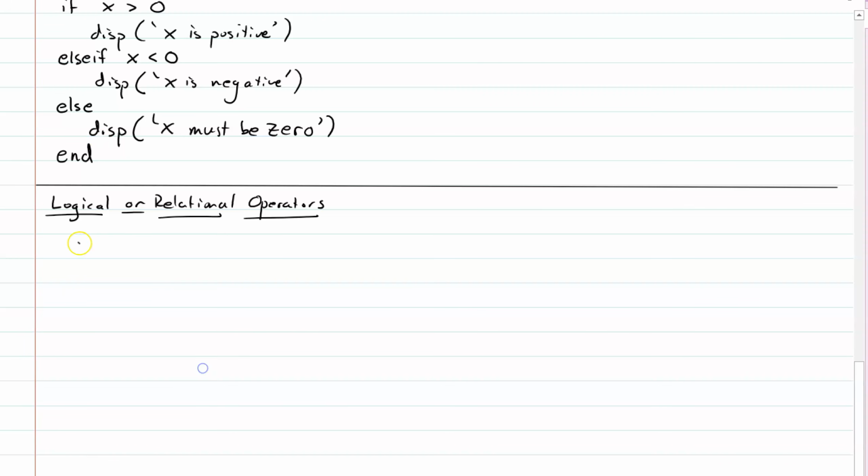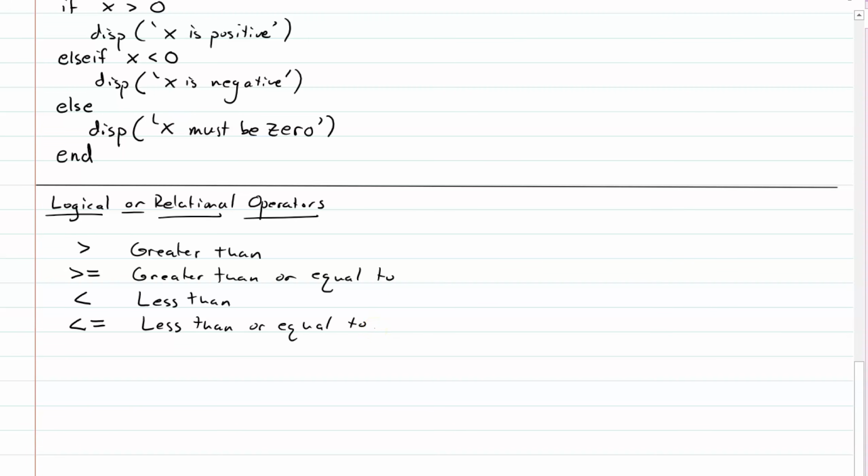So I can test if something is bigger than something else, obviously greater than. If I want to check if something is bigger than or equal to, I just type those two, greater than or equal to. And then, of course, I've got less than or equal to. So these are all things I can test.